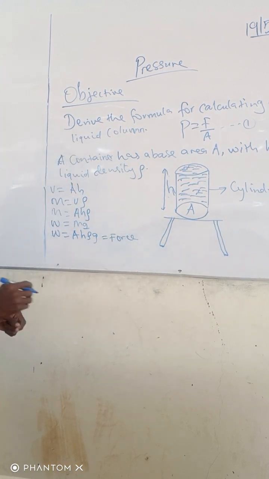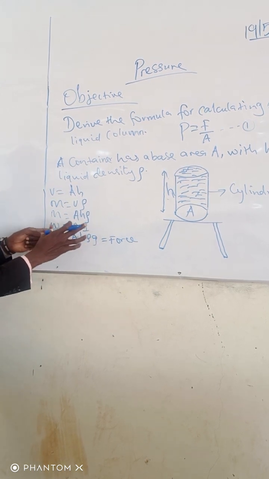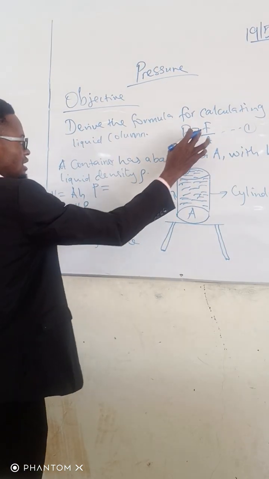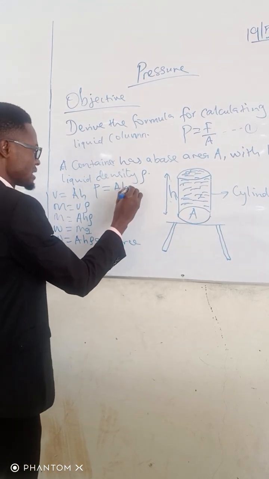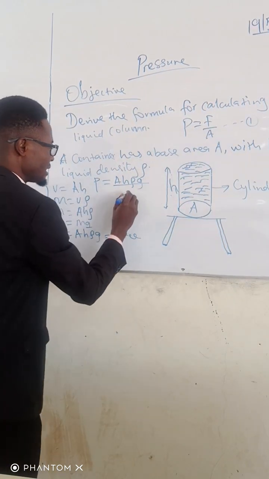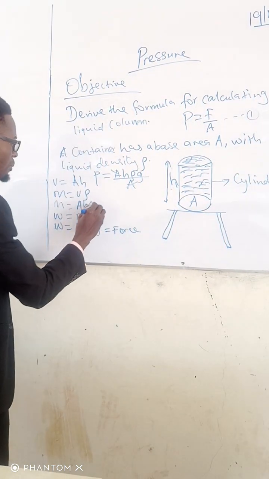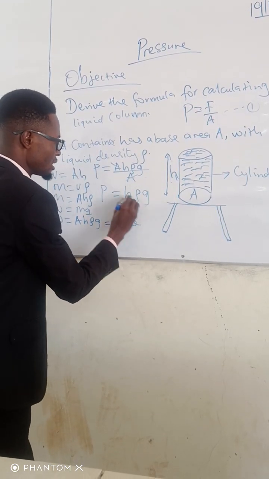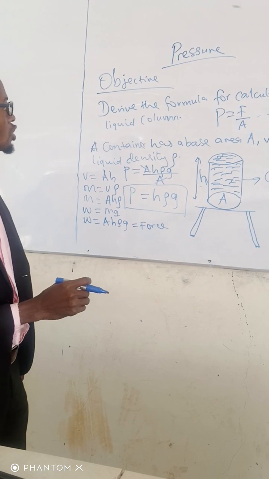So our P, which is pressure, instead of putting force, we are going to put this: area multiplied by height, multiplied by rho, multiplied by acceleration due to gravity, divided by area. Here we've got two areas, so we cancel them. So our formula, therefore, is P equals h rho g, height, rho, and acceleration due to gravity. And this is the formula for calculating pressure due to liquid columns.